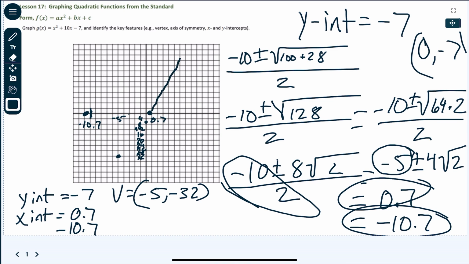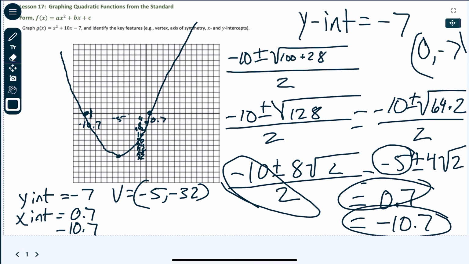And we know it's opening up, so it's going to look something like that right there. That is a horrible parabola. Let's try that again. Something like that. Okay? You see how we figured out all of that? Figure out the y-intercept by looking at it.